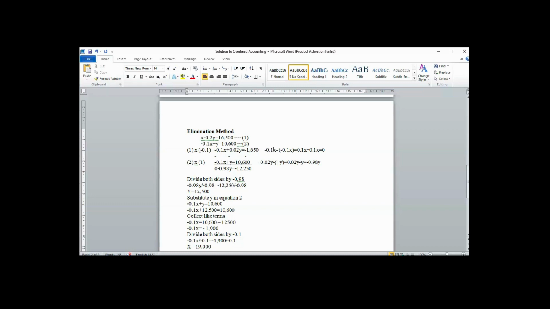You now use that same negative sign to multiply the remainder of equation 2, which is minus y and 10,600. So you just do the same thing with the 0.02y, minus into brackets plus y.